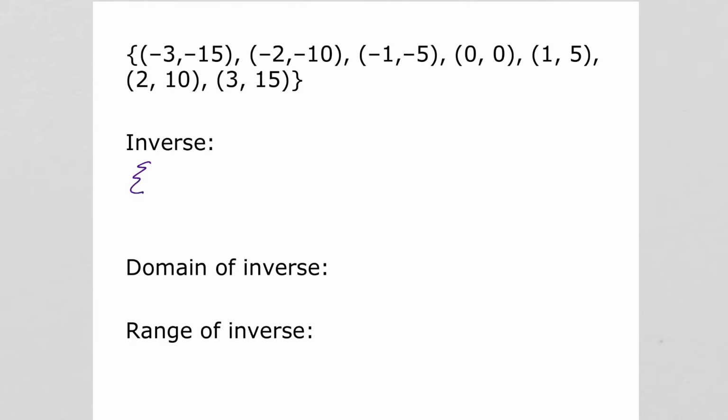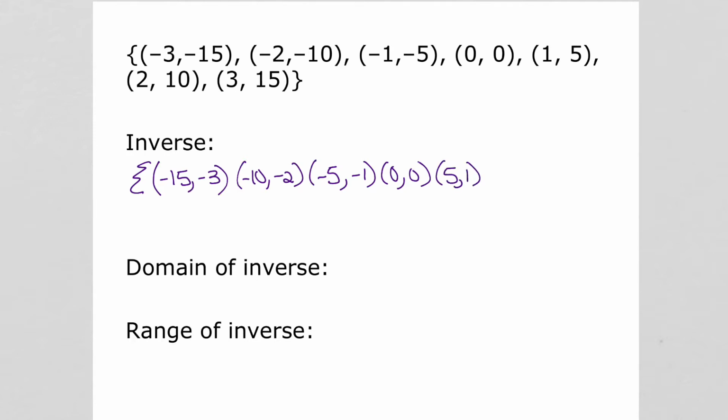Well, what we do is we just switch the x and y values. So the point -3, -15 becomes -15, -3. The point -2, -10 becomes -10, -2. -1, -5 becomes -5, -1. 0, 0 is still just 0, 0. 1, 5 is 5, 1. 2, 10 is 10, 2. And 3, 15 is 15, 3.